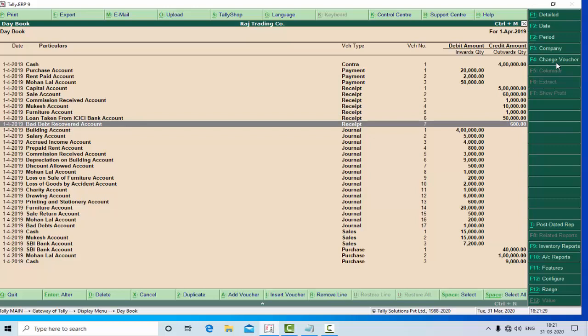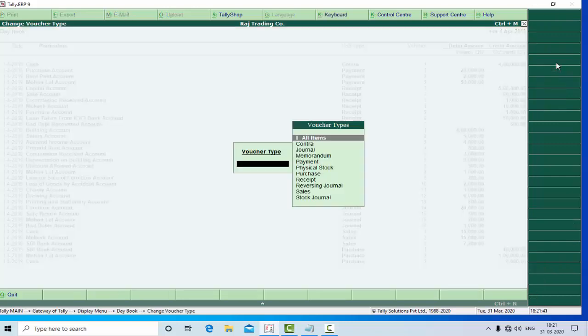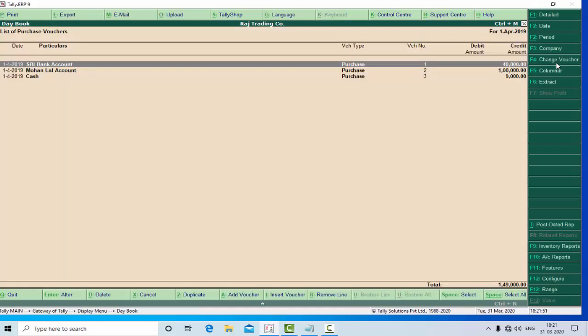And if you want to see the transactions of a particular voucher type, means receipt voucher, payment voucher, journal voucher, press F4, and you can see all contra voucher entries only. You can see all journal voucher entries only, or all purchase voucher entries only. If you want to see the purchase voucher entries, only purchase vouchers entries are displayed by this day book. I think you understand.